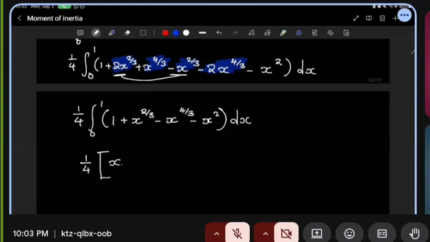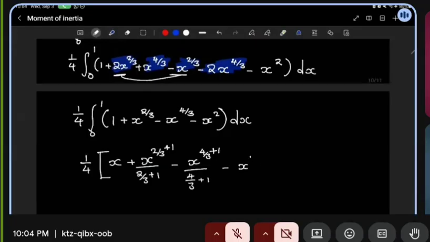This will be x. This becomes x to the power 2 over 3 plus 1 over 2 over 3 plus 1. This becomes x to the power 4 over 3 plus 1 over 4 over 3 plus 1.